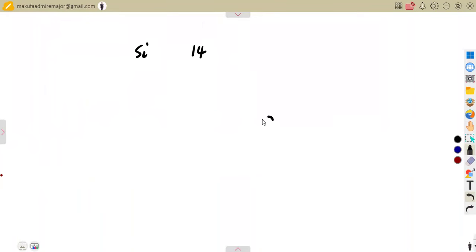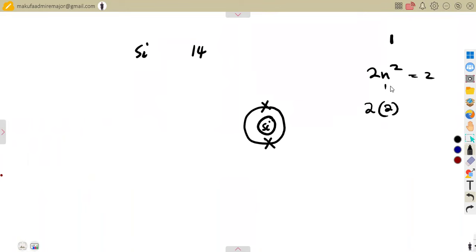The first part is the innermost shell, which is 1. We use our formula 2n squared, substitute 1 in place of n, and we end up with 2, so we represent the first 2. We move on to the second shell. In place of n, we substitute 2, so that is 8.